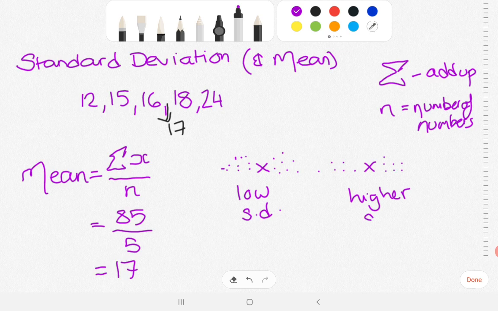So this would be a data set that would have a higher standard deviation. The numbers generally are further away from the mean. So it's more varied, or it's less consistent in terms of the data. So that's what the standard deviation that we're going to be working out is. It's a measure of consistency or of variability.